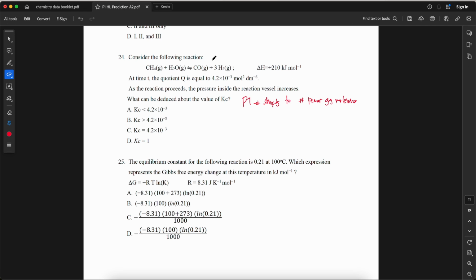Okay, so here we've got how many? 4, and here we've got 2. So it will shift to the left. So because it shifts to the left, Kc will become smaller than Q.